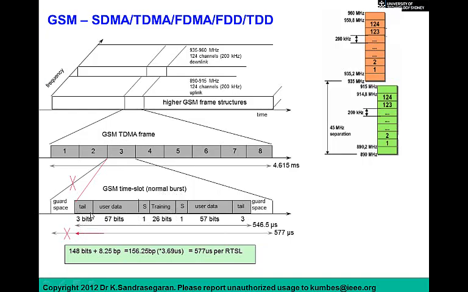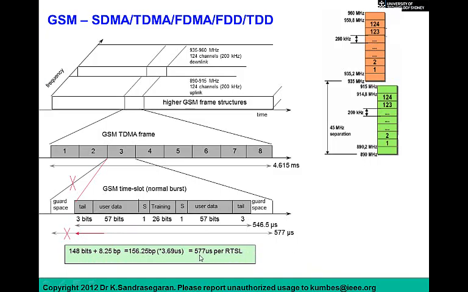There are 3 bits reserved for tail bits, then 57 bits of user data, then an S bit, then 26 training bits, which are used primarily to ascertain the channel conditions, and then one S bit, and then 57 bits of user data. So all the user data, whether you're transmitting voice or circuit switched data, is transmitted within this. Altogether we have a total of 148 bits, and this is transmitted.